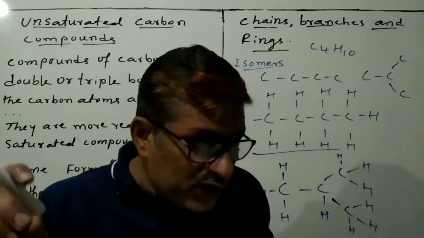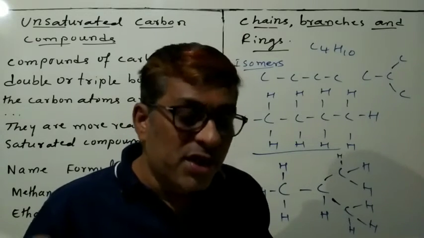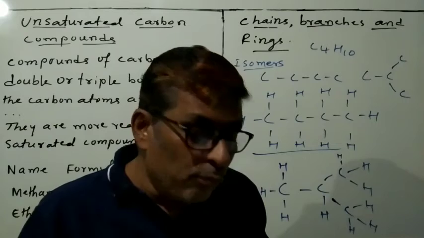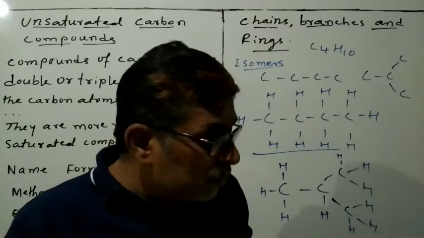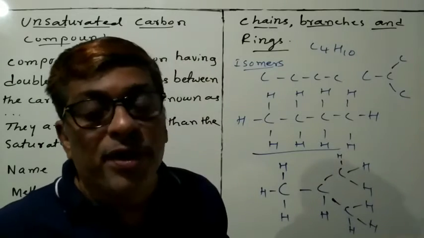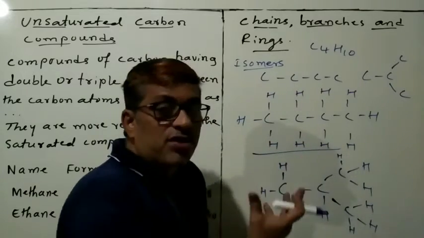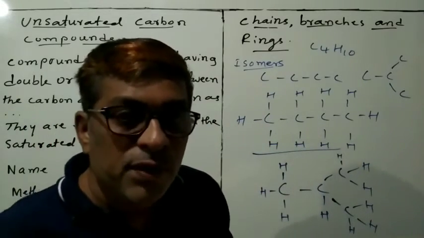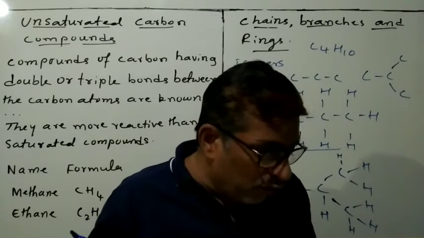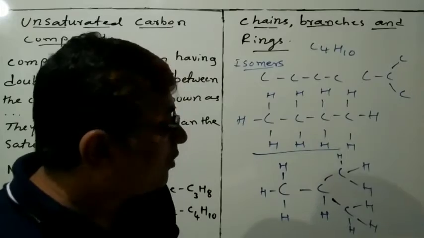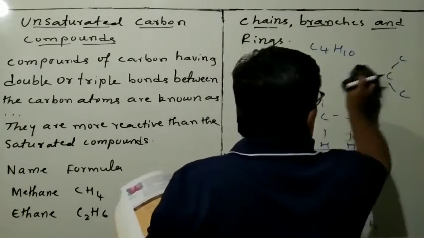See, isomerism is a phenomenon or process due to which some compounds have the same molecular formula but different structural formulas. So that is called as isomerism. Okay, for example, butane has how many structures? 2 structures. Okay, so this is the structure of which one? The butane. Now, just 1 or 2 we will discuss.